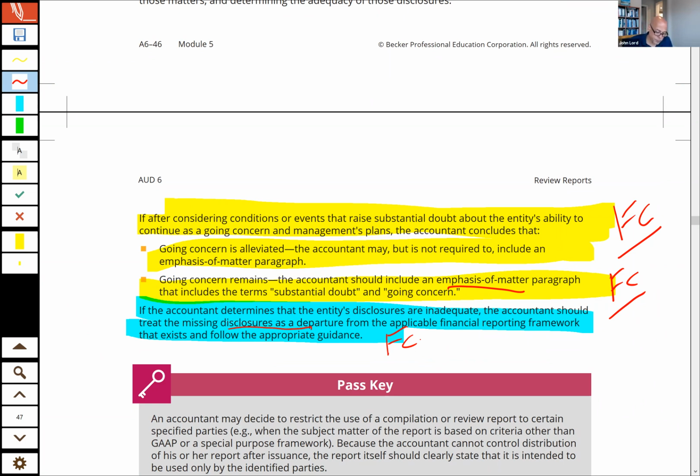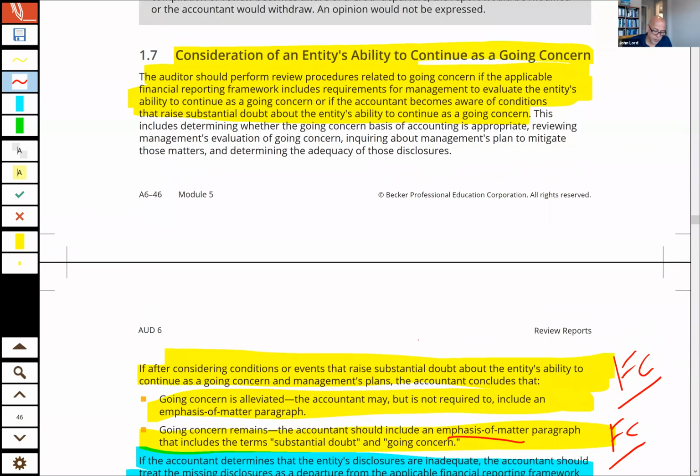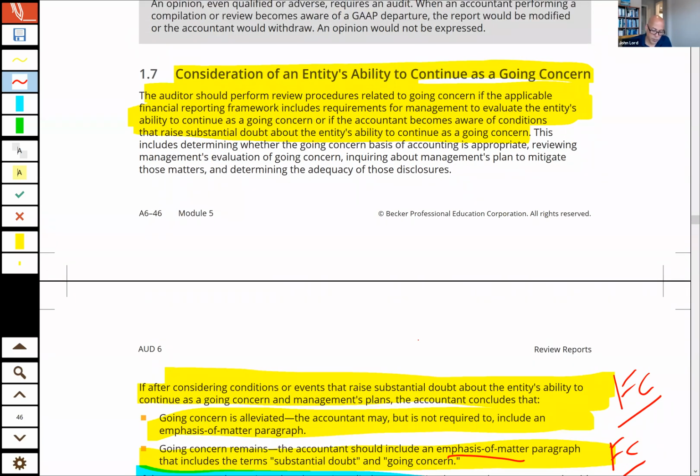Okay, so let me just take a look here, make sure I've got this all right. Auditors should perform review procedures related to going concern if the applicable financial reporting framework includes a requirement for management to evaluate the entity's ability as a going concern, or if we become aware of conditions. Okay, so we don't have to do the step to identify the going concern, but if it comes to our attention, or if the applicable framework says that they're supposed to do it, then we would want to do some inquiry and analytical procedures potentially to see if they actually did that.